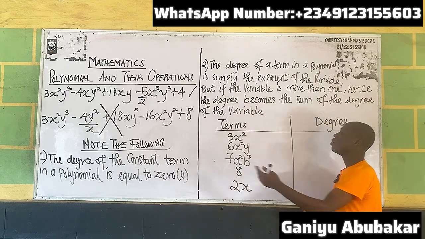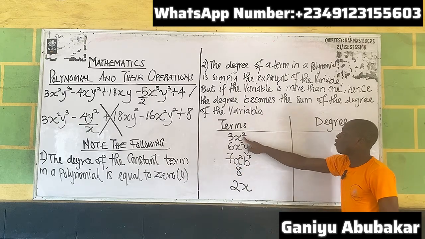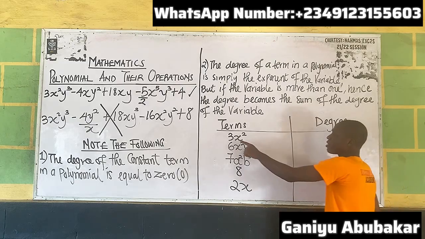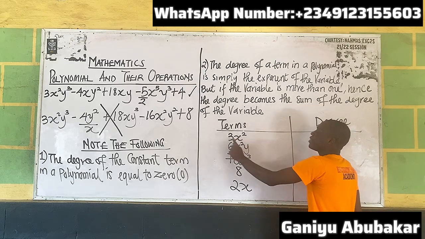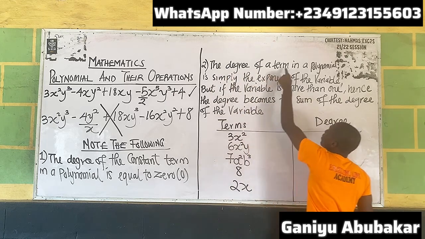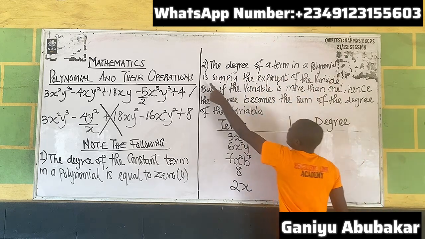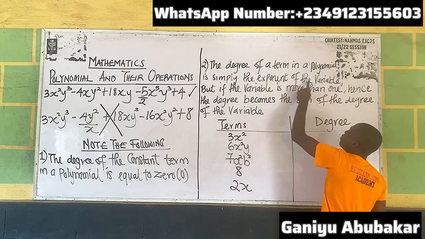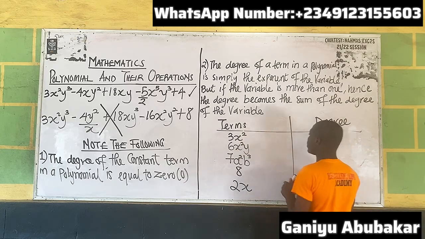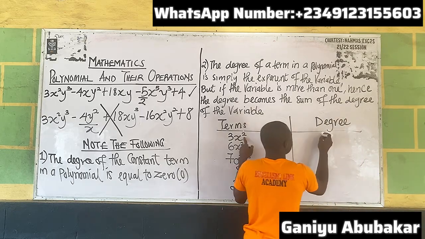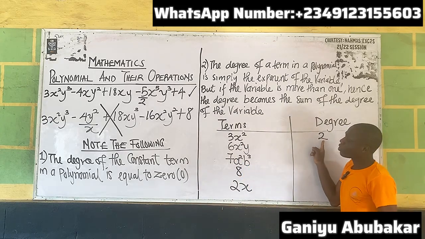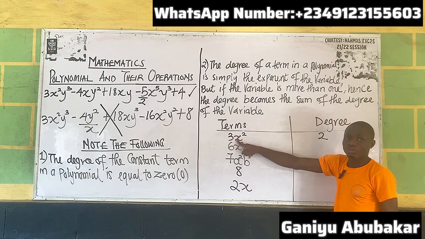Now, if I ask you, what is the degree of these terms? Observe here, 3x squared follows the rule that says the degree of a term in a polynomial is simply the exponent of the variable. What is the exponent of this variable here? It is 2. So the degree is 2. Why is it 2? Because 2 is simply the exponent of the variable.